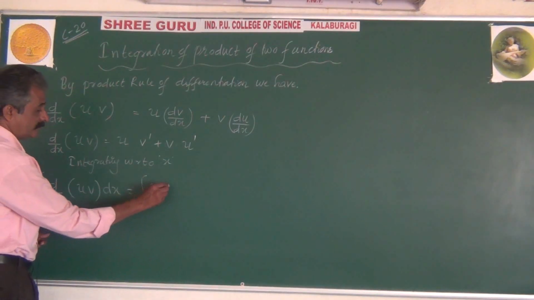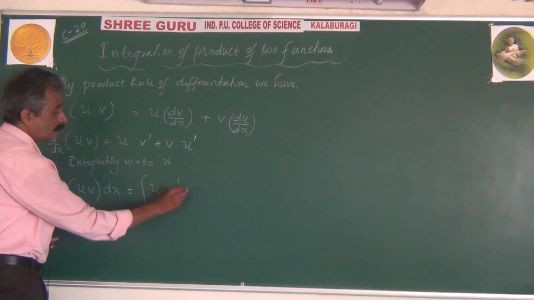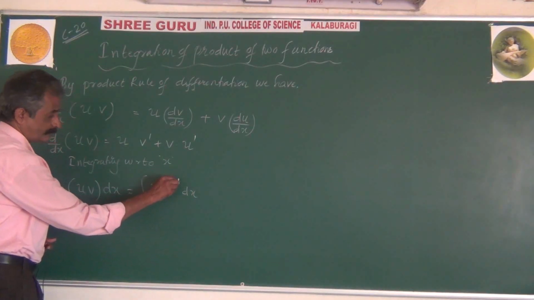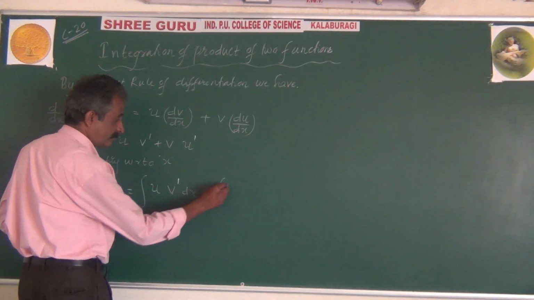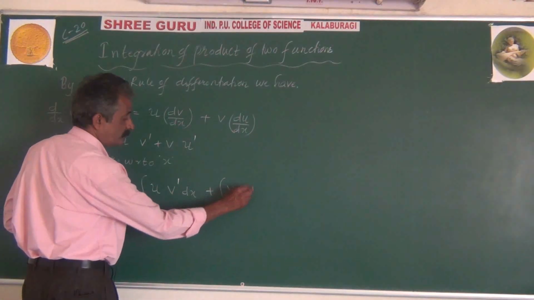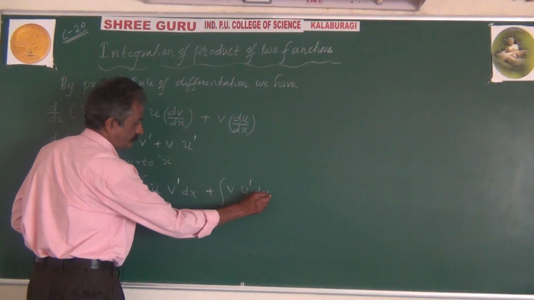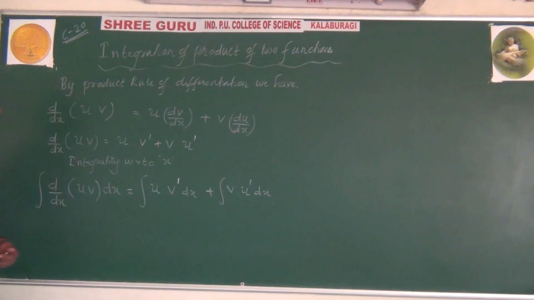First one, integration of u into v dash dx, plus integration of v into u dash dx. And already we know that integration of differentiation of function is equal to original function.